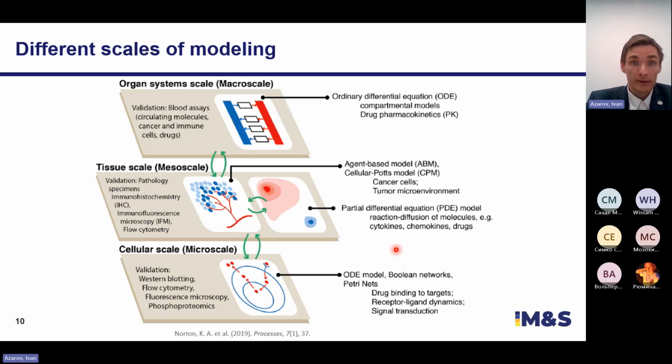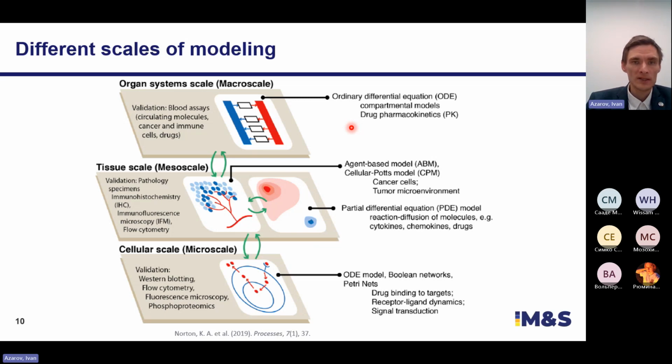And on the macro scale, you can use ordinary differential equations such as PK, pharmacokinetic equations, to describe, for example, drug movement, or some other sorts of therapy, not drug but, for example, cell therapy distribution in our body between different tissues and organs.